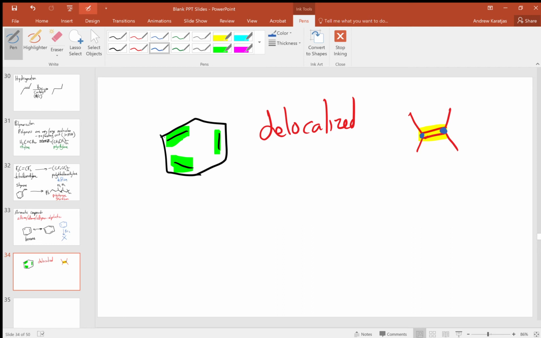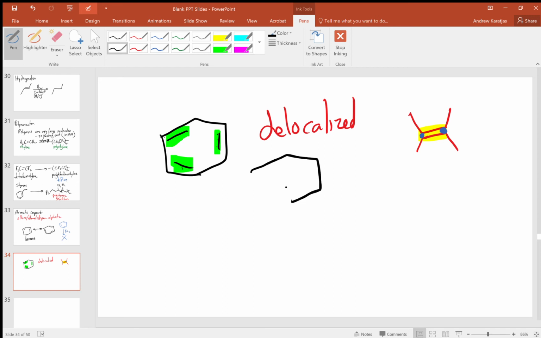But when we say that the double bond electrons in benzene are delocalized, what we're saying is that these 6 electrons of the alkenes, or the way we've drawn them as alkenes, it turns out they're not actually alkenes.